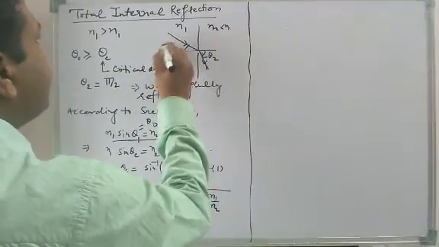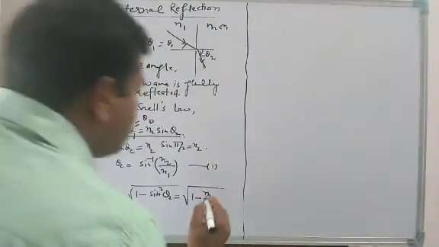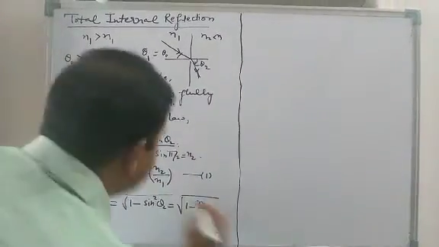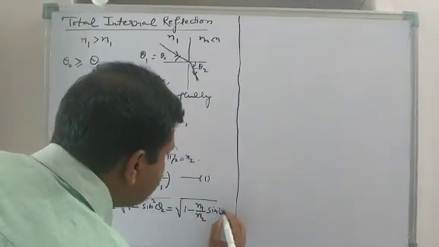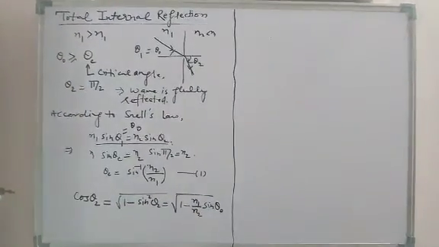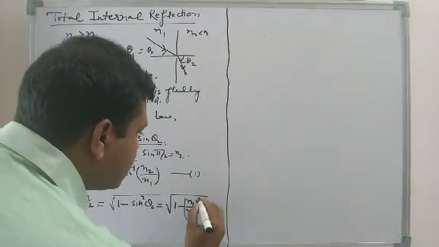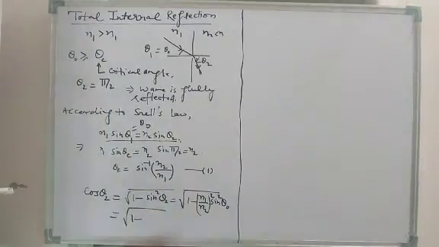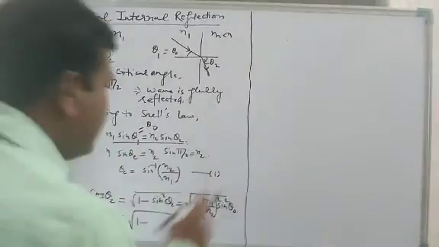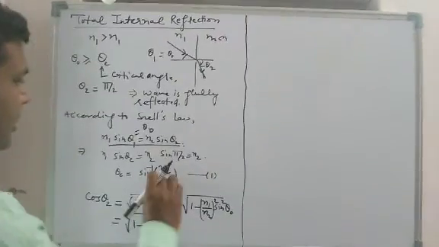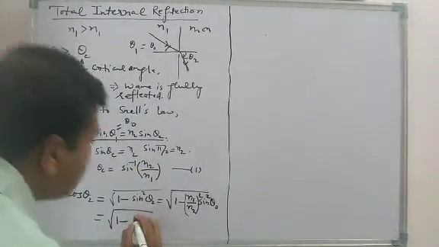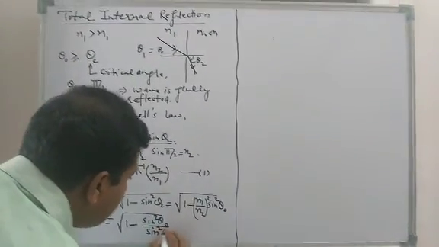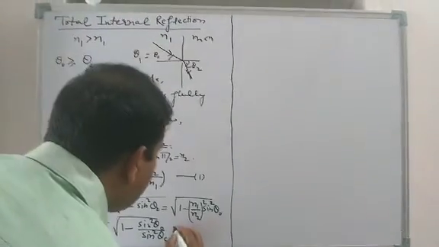So this is n1 sine theta 0 upon n2, and the whole square of these things. Or in other words, according to relation 1, n1 by n2 is going to be 1 upon sine theta c, and therefore we should be able to get sine square theta 0 by sine square theta c.